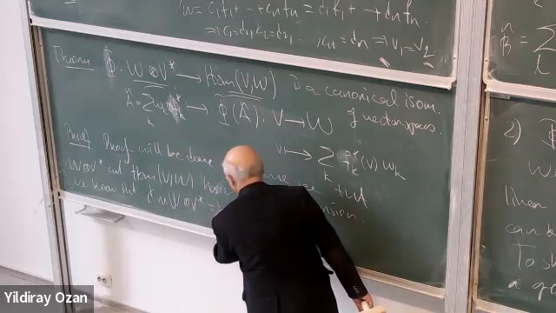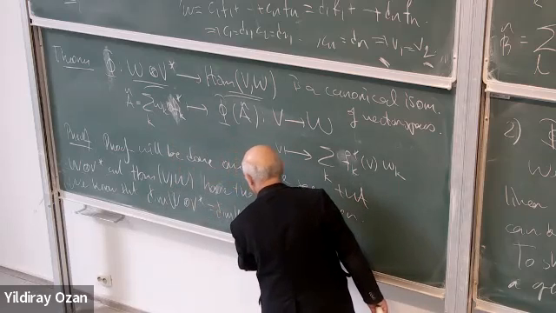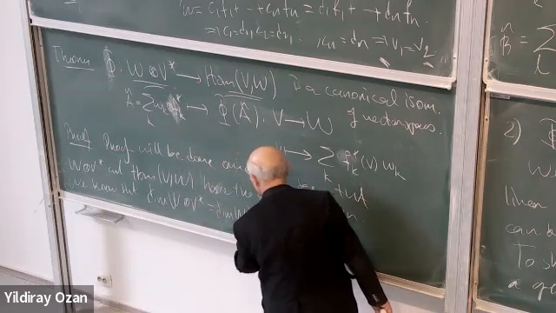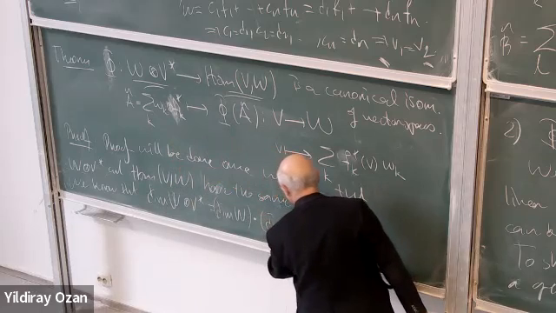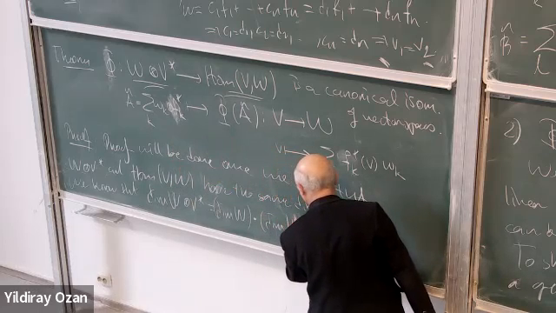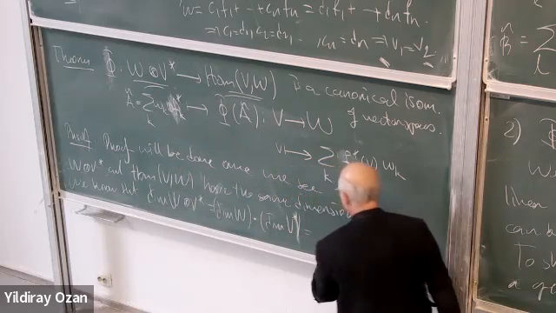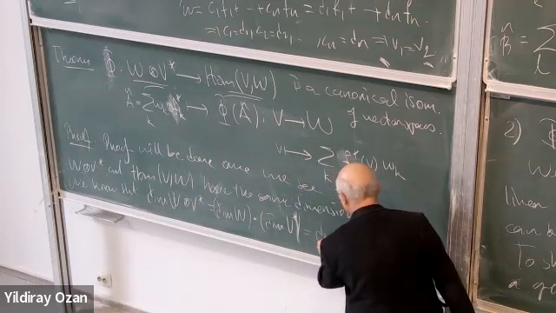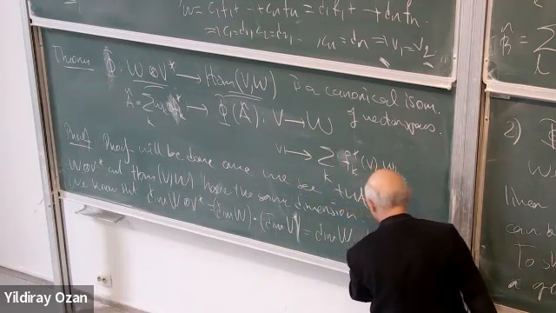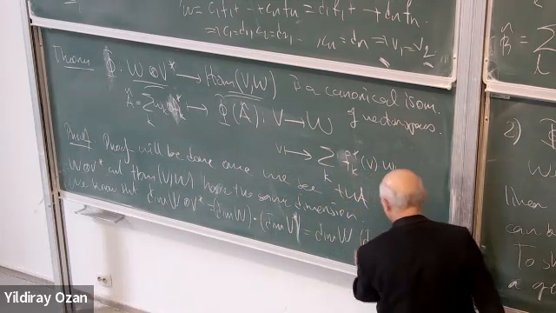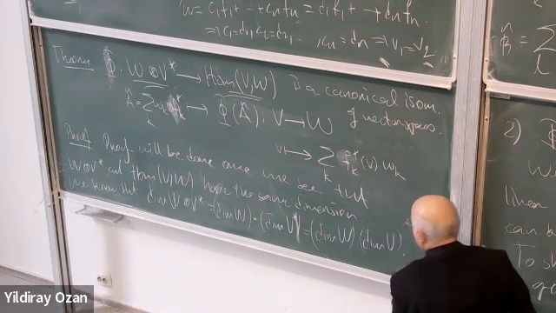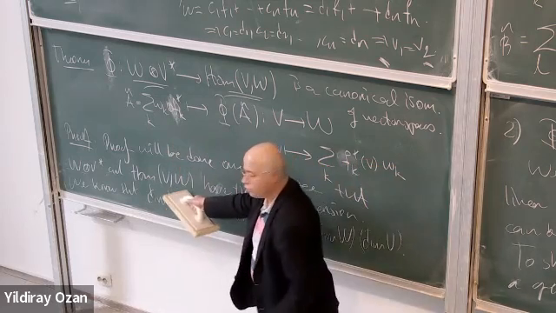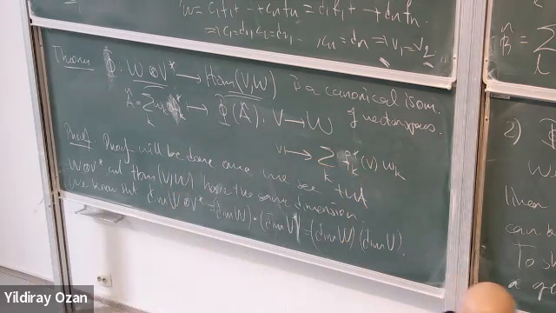This is the dimension of W times the dimension of V star. The dimension of V star is the dimension of V, so this is the dimension of W times the dimension of V. I have to also show that this has the same dimension. All linear maps.